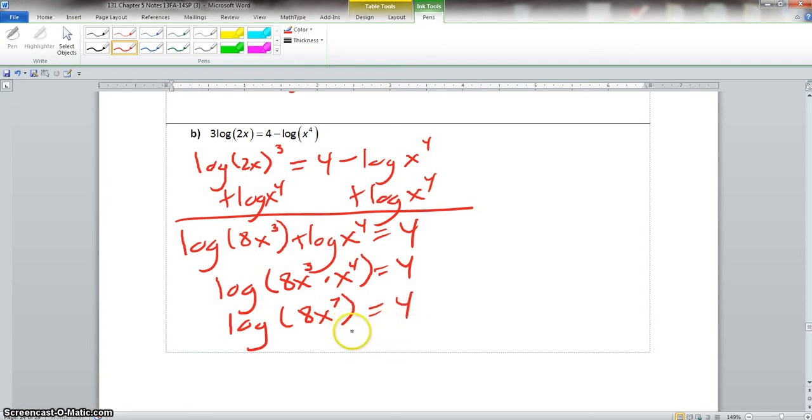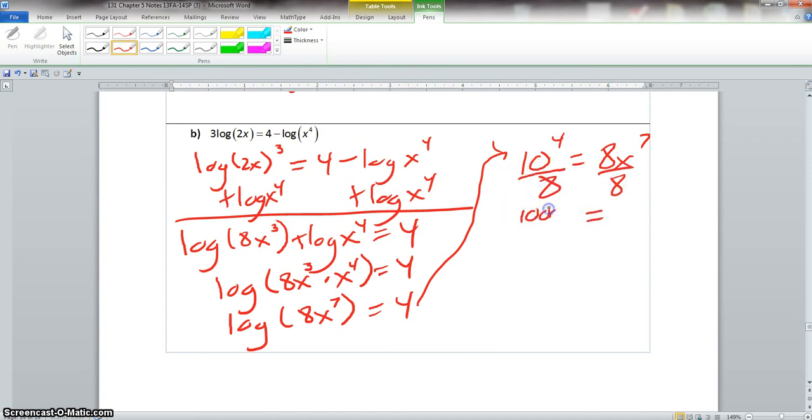Now, we need to write this as an exponent. Remember, this base is 10. So really, this leads us to 10 to the 4th power is equal to 8x to the 7. Now, we need to divide each side by 8. Now, of course, we know 10 to the 4th power is 10,000 over 8, and that's x to the 7th power.